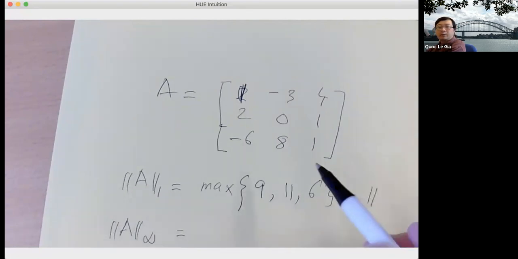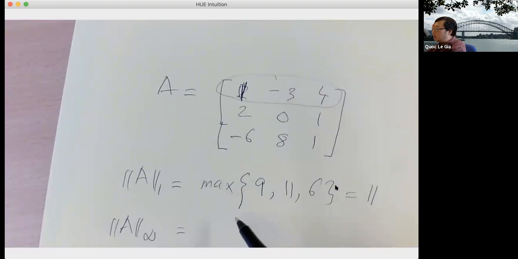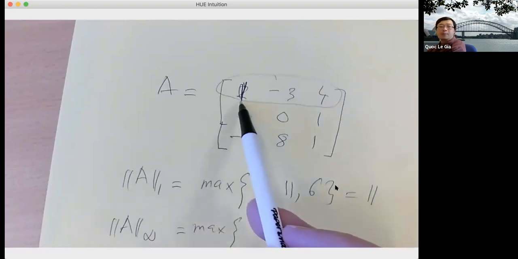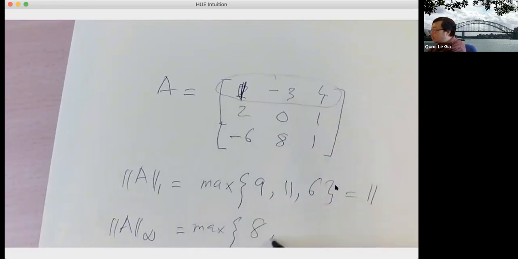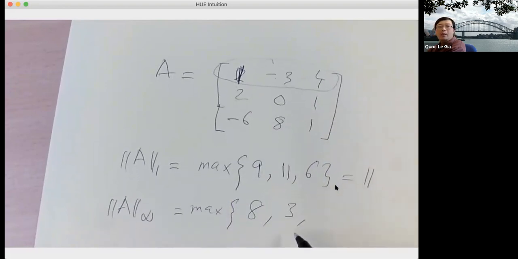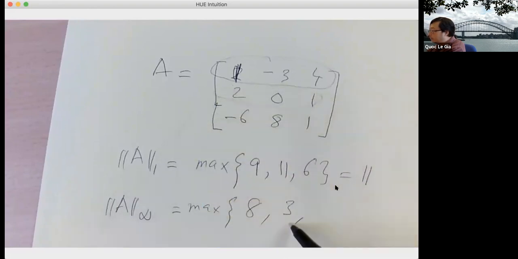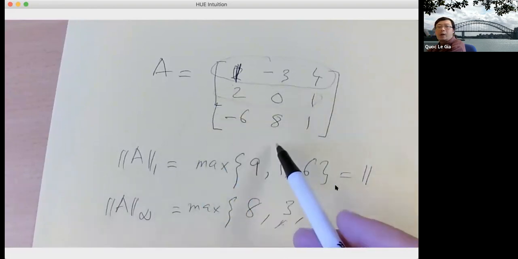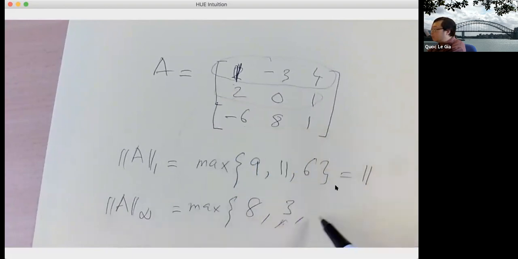is, so now we have to take the rows, okay? So max of, so the first row in absolute value is 1, 4, 8, so 8. The second one is 3, okay? So 3 comes from here. And then the next one will be 9, so 9 and 15, that equals 15.